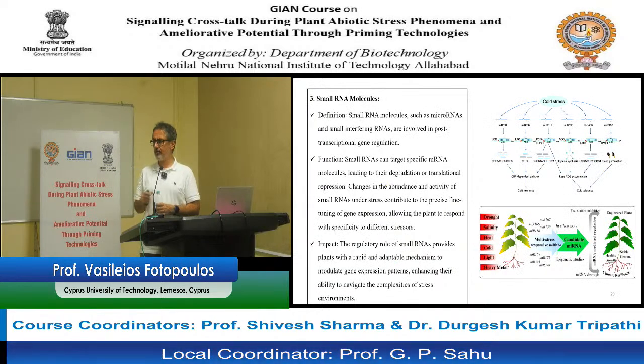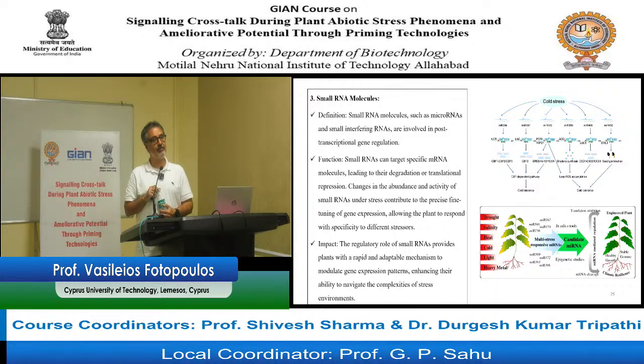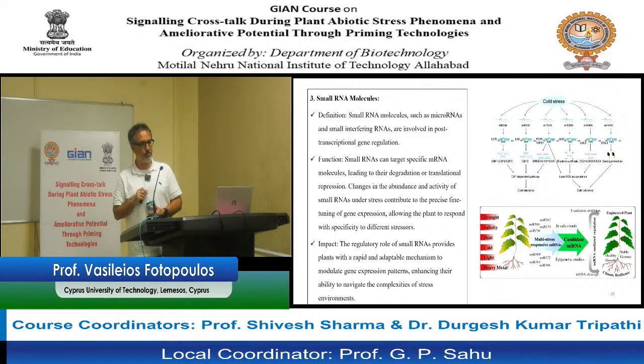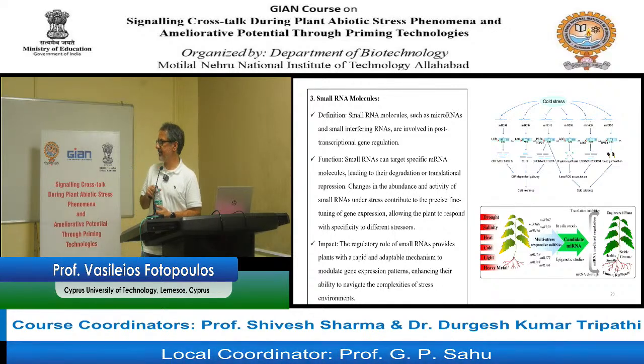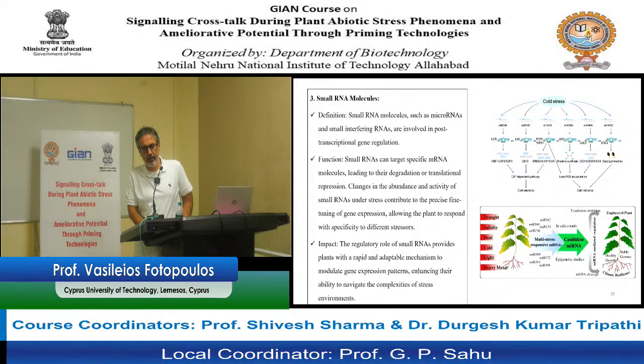Then we also talked about the infamous small RNA molecules, which is also attracting increasing attention. And these small RNA molecules have many, many different forms. A lot of research has been done on miRNAs, but also there is quite a lot of literature on long non-coding RNAs and many other different forms.